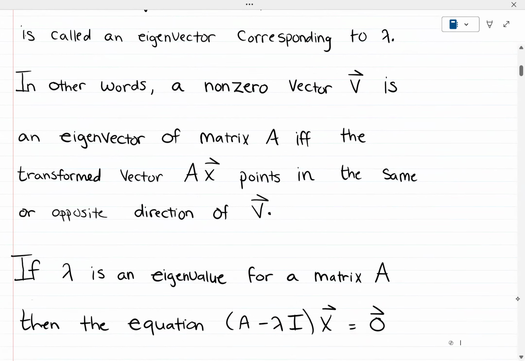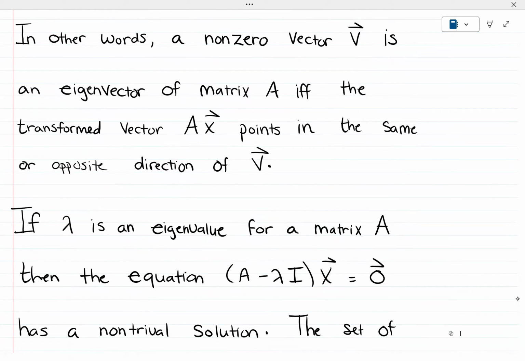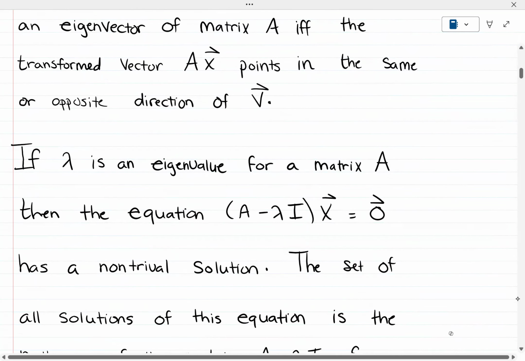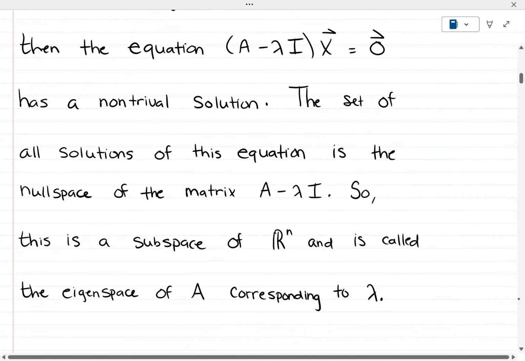If lambda is an eigenvalue for a matrix A, then the equation A minus lambda I times vector x is equal to 0 has a non-trivial solution. The set of all solutions of this equation is the null space of matrix A minus lambda I. This is a subspace of Rn and is called the eigenspace of A corresponding to lambda. So what does that mean?